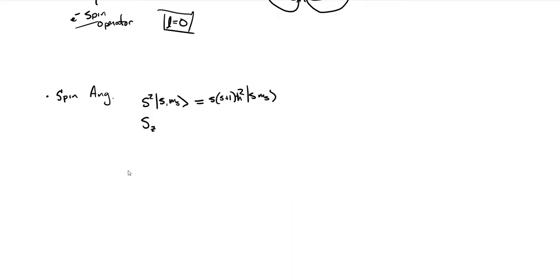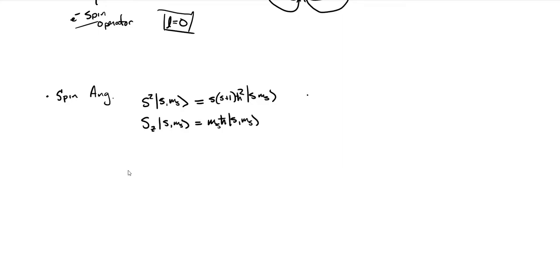And we also had the Z component of the spin angular momentum operator, and that had an eigenvalue equation that looked like this, with eigenvalue the magnetic quantum number times h bar.